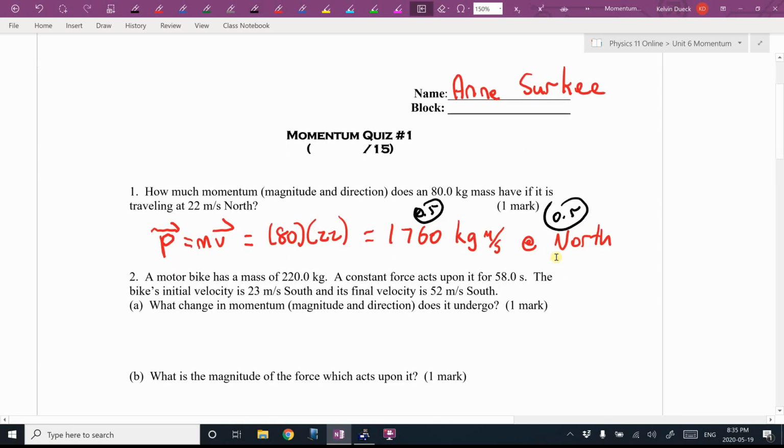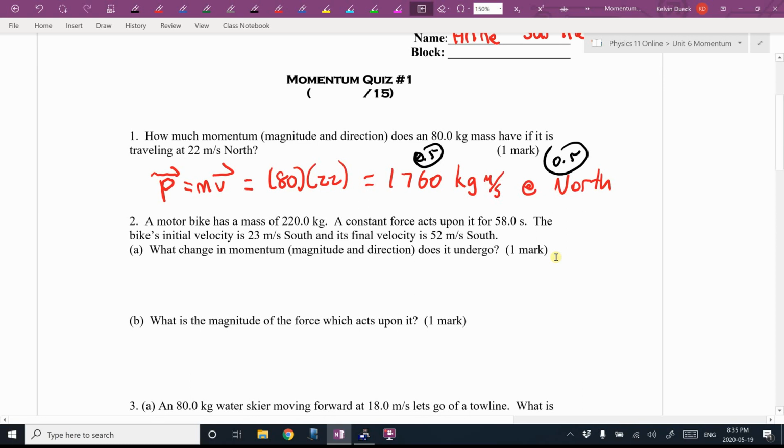Number two. What is its change in momentum? Okay, change in momentum is equal to final minus initial. Well, I don't know the final momentum or the initial momentum, so okay. Change in momentum is also equal to force times change in time.